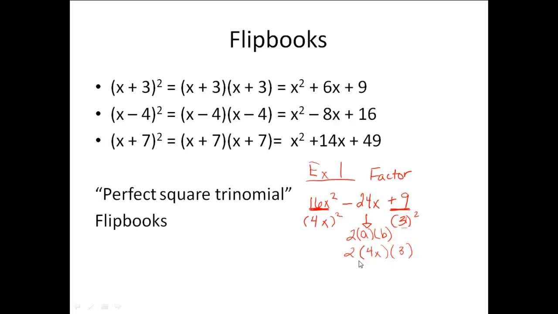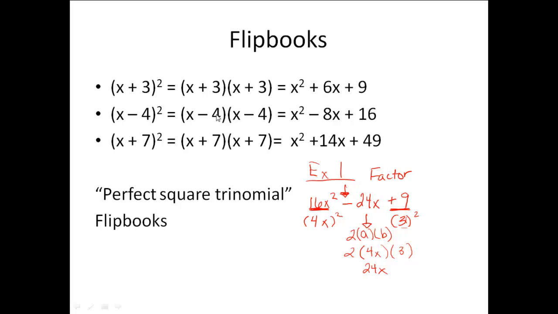Now when I multiply that, 2 times 4 is 8, times 3 is 24, and an x. So now I have to compare. Did it work out is what we have to decide. When you look at this, you see we get a positive 24, but our problem wanted a negative 24.